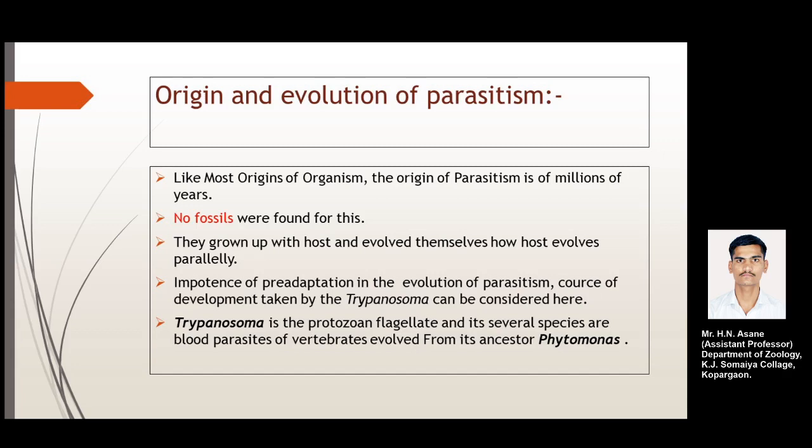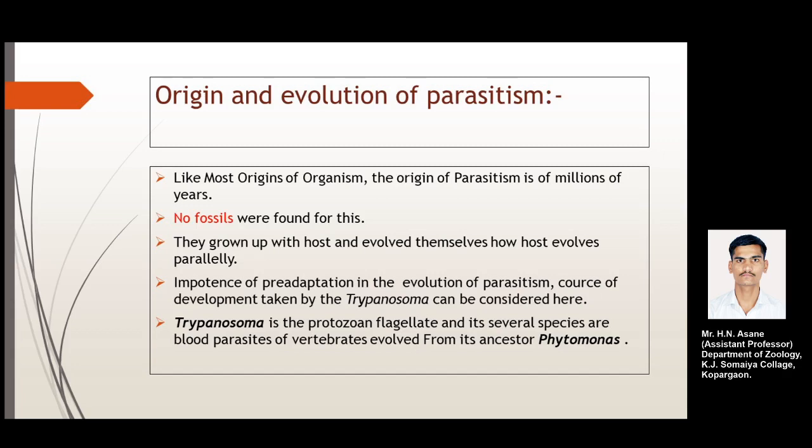The protein coat is embedded on its own body, so that our antibody or our macrophages can't recognize that trypanosoma. This is very interesting to know, so we will study it in that particular chapter.